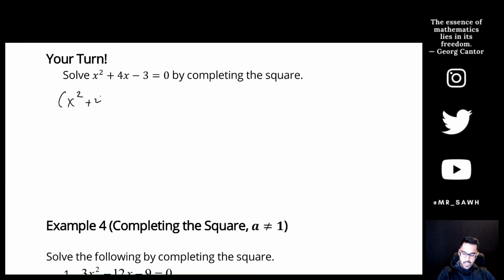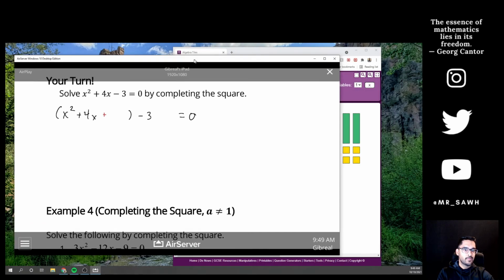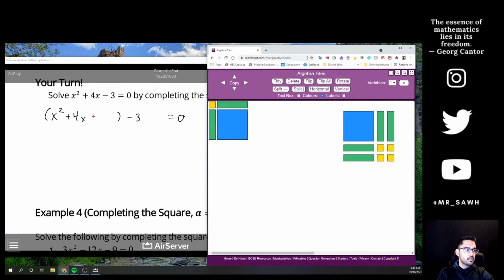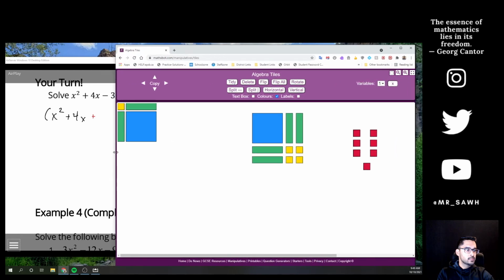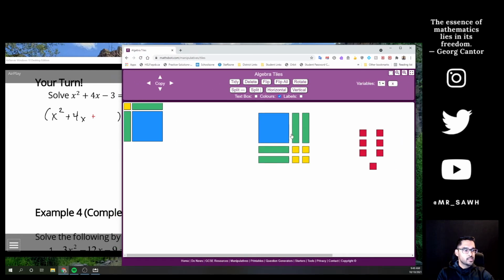So we put together our x squared and 4x. We left our minus 3 off on the side, so it's still equal to 0. The number we added in was the number to complete our square. So we took our x's, we split them into 2 groups. So maybe what we'll do is have that picture side by side here. There we go. We took our green x's and we split them into 2 groups.